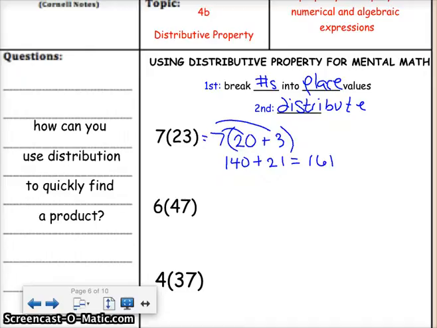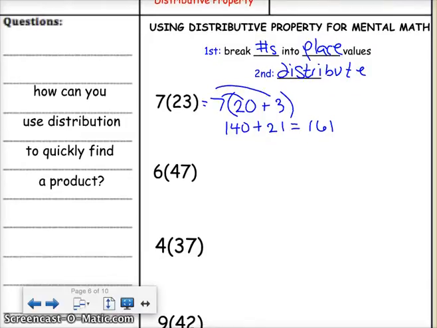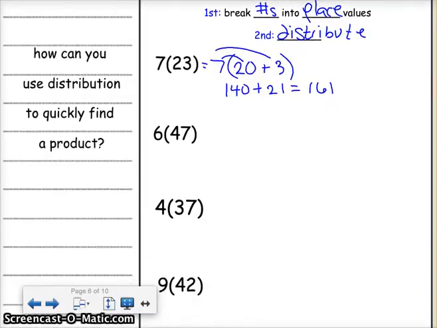Now I'm going to do this smoothly where I don't have to over-explain, but just show you how it does really work quicker this way. 6 times 47, I can break this up into 6 times 40 plus 7. 6 times 40 is 240, plus 6 times 7 is 42, 282.